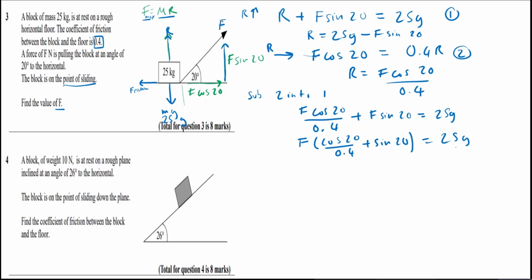And then we just divide both sides by this bracket here, and we'll get left with F. Let's just say that is 2.69 F equals 25g, and F will then equal, let me just check on the calculator. Okay, so it's 91.1 newtons.